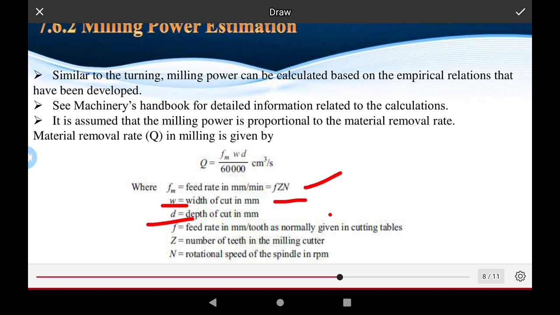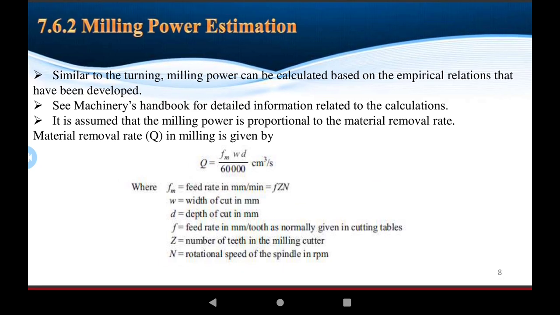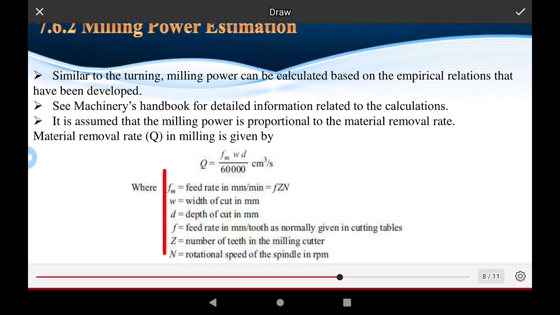F is the feed rate per tooth, normally given for the cutting tools, and z is the number of teeth in the milling cutter. This formula uses very standard parameters.